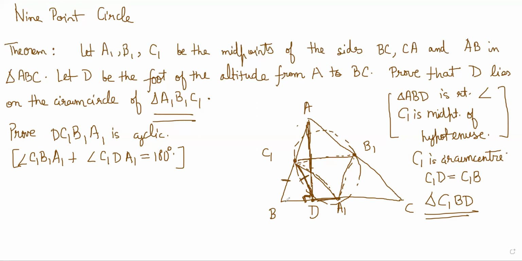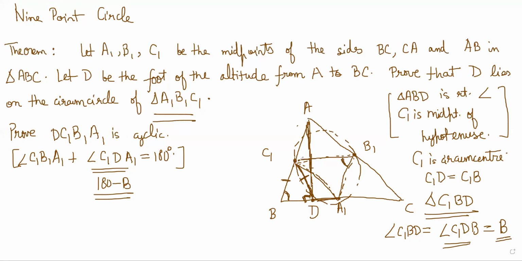So angle C1BD should be equal to angle C1DB, which is B. So if C1DB is B, then C1DA1 is 180 minus B. Now we just have to find out what this other angle is.